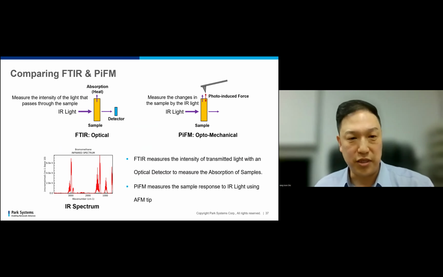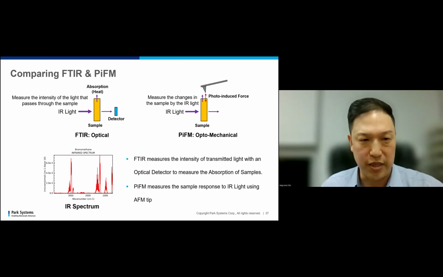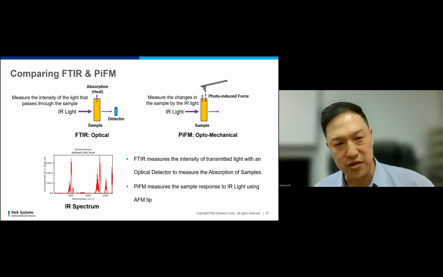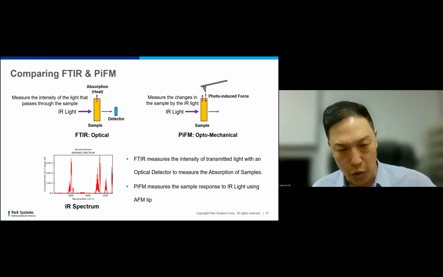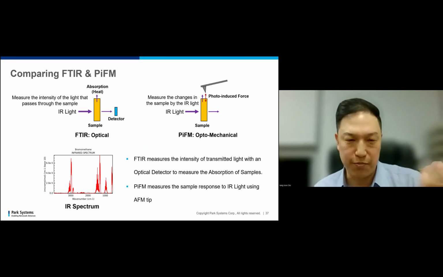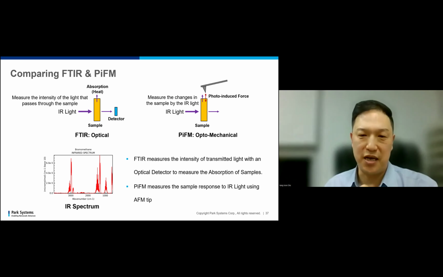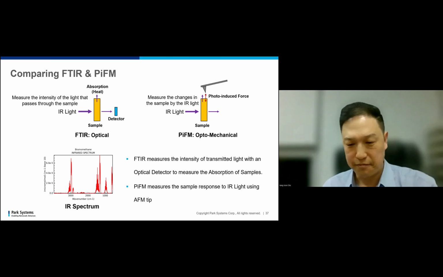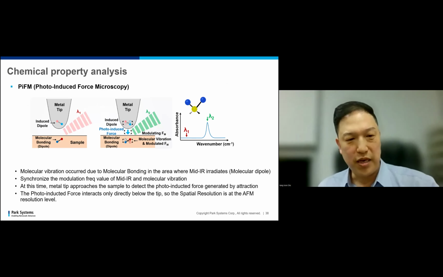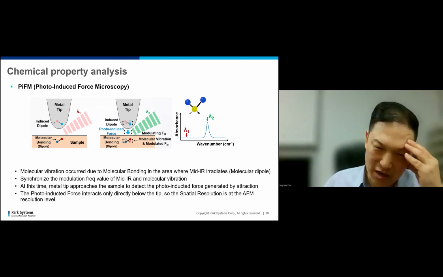And so this is another explanation. In FTIR, IR light goes through the sample, IR absorption takes place, and the remaining light is detected by a detector. But PIFM measures the sample response to IR light using an AFM tip. So this is a little bit more detailed.